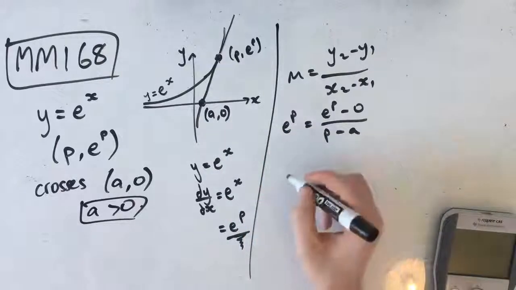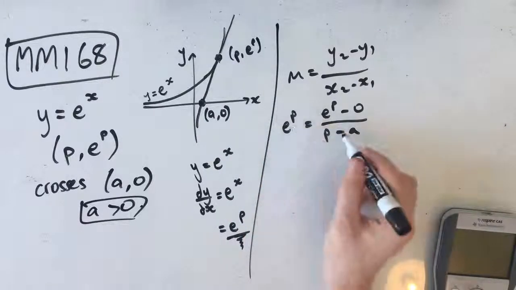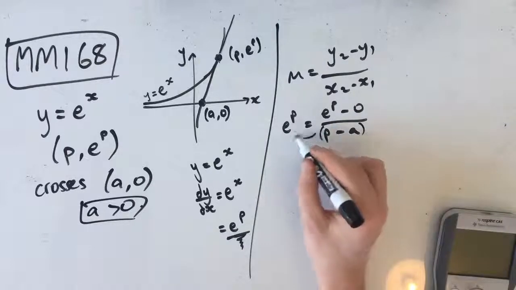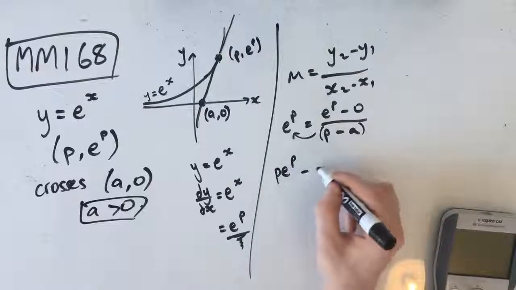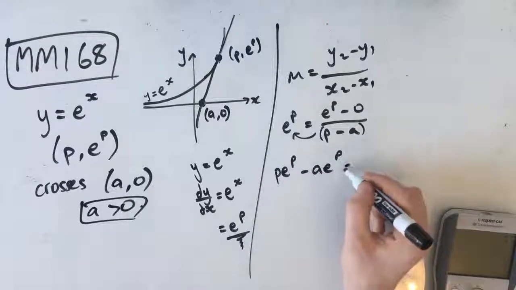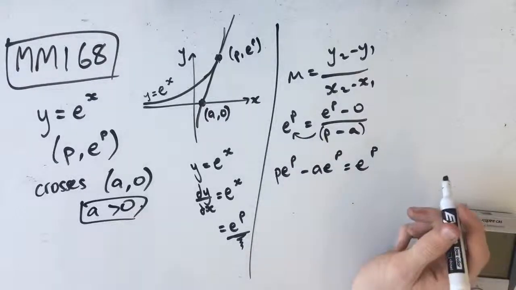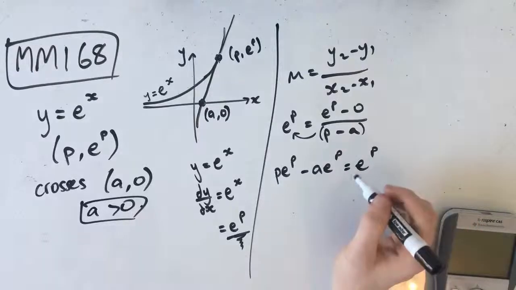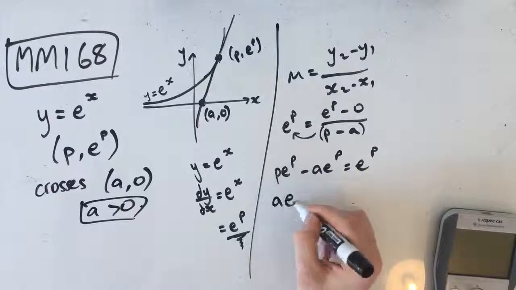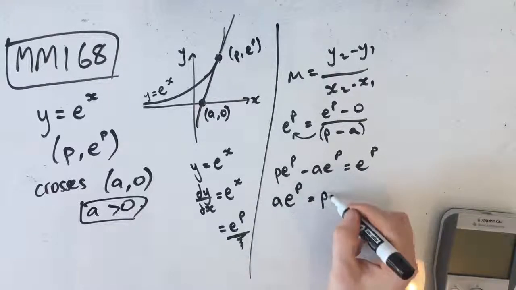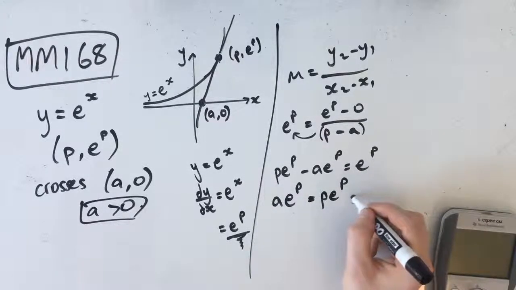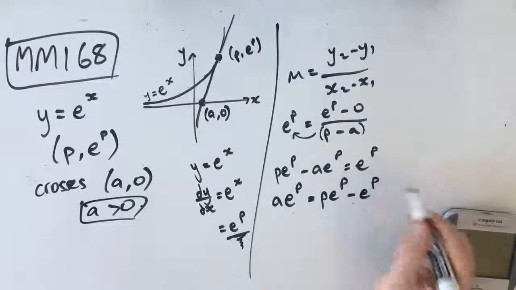So from here we bring this up to here, we multiply that out, so we get p e to the power of p minus a e to the power of p, and that's equal to e to the p. Awesome. From here, we want to get a by itself, so we end up with e to the power of p, bring that over and bring this over here, p e to the power of p minus e to the power of p.